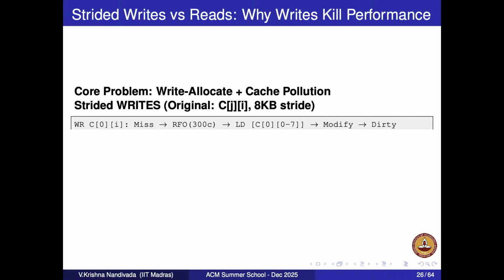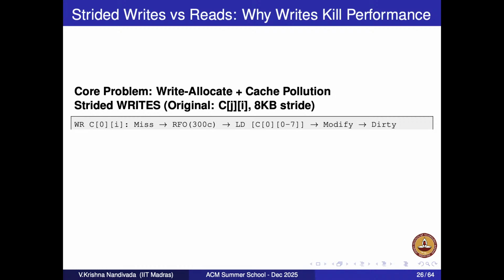If there is a miss, I will request the memory, give me a cache line for overwriting. I will tell the memory, this is a request for overwriting. Boss, give me a cache line for overwriting.